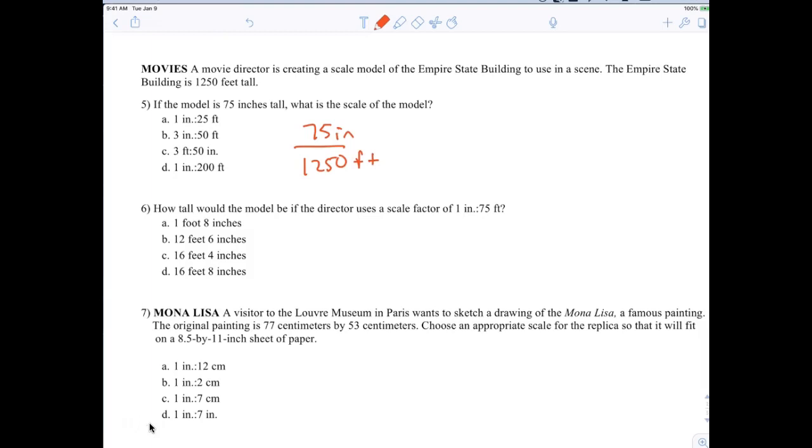All right. So now, tell me what that reduces to. 3 over 50? So 3 inches for every what? 50 feet.